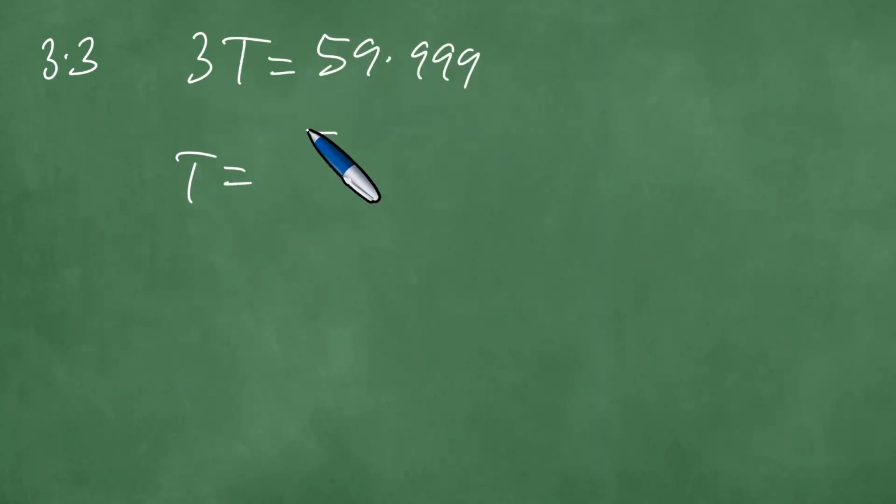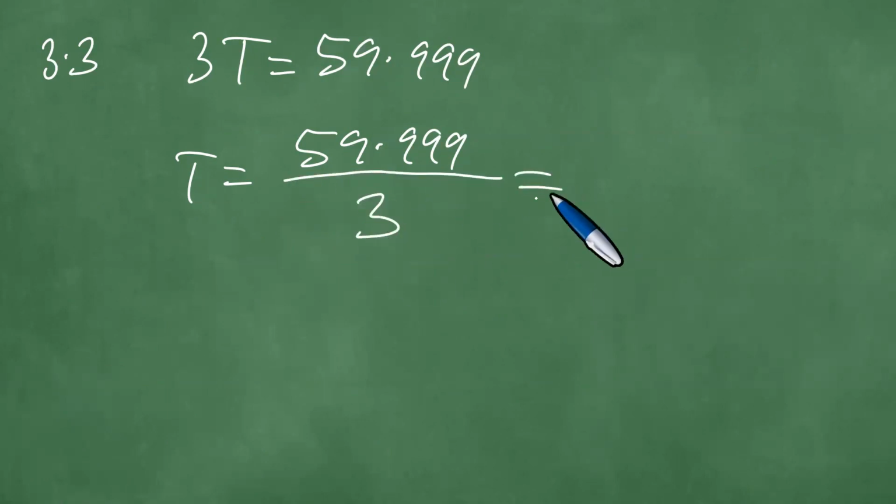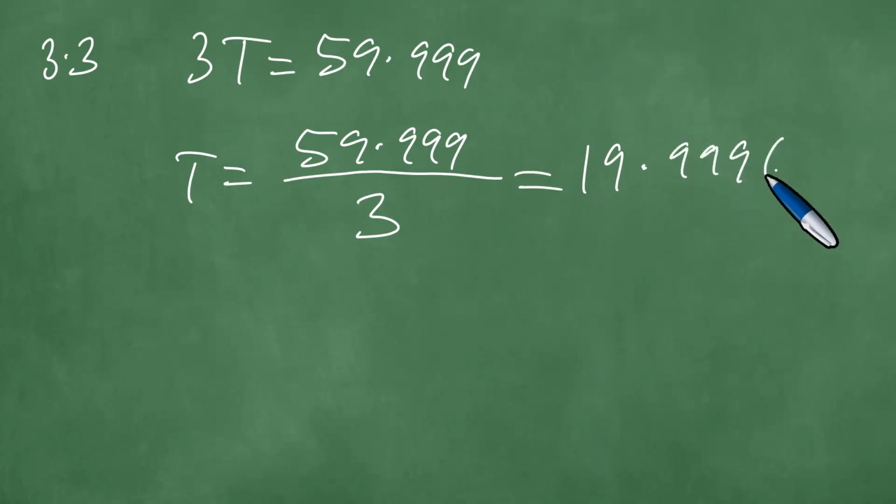Now we need the tension, and the tension is 59.999 divided by 3. You divide it by 3, and the answer is 19.99966 and so on.